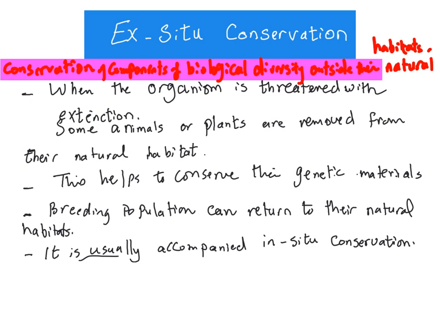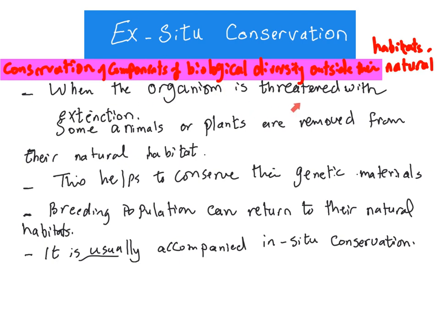Now we are going to compare and take some examples for ex situ and in situ conservation. Ex situ conservation means the conservation of the components of biological diversity outside their natural habitat. By the components of biological diversity, we mean living organisms. So how does this happen?